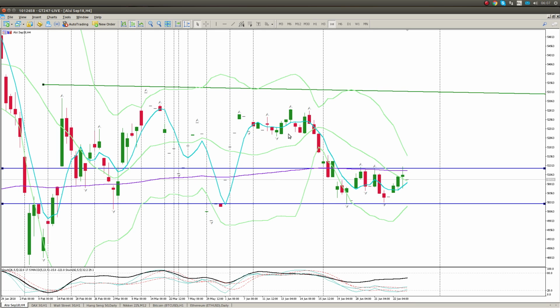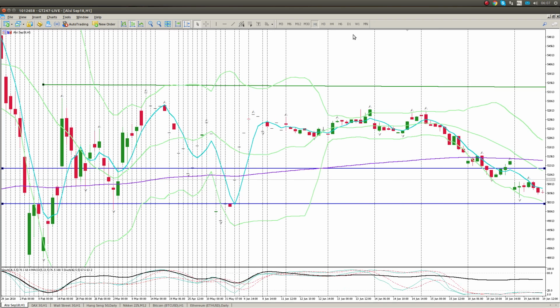So this one's 3, 4, 5, 6, 7, 8, 9, 10, 11, 12. So this is 12 bars at the moment. So we're still pretty much in a consolidation phase on the 4 hour. On the 1 hour, it'll be a different story. So there's not really much that I can read into that.